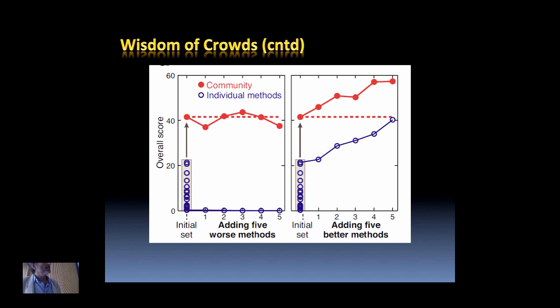We discussed that. This is interesting as well. Again, the network inference challenge, DREAM5. Suppose that you aggregate the initial set of all the best teams. The aggregate gives you this boost. Now start to aggregate the worst methods.